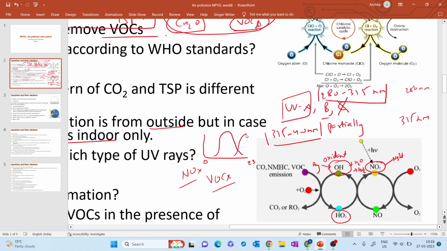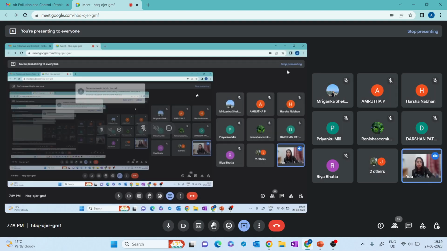The NO2 production is highest during the late night, and the OH is highest during the morning hours. That is why the chemistry of OH and NO2 is important to understand how ozone will be formed.